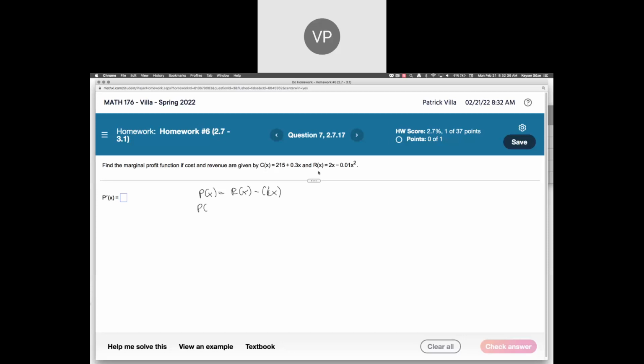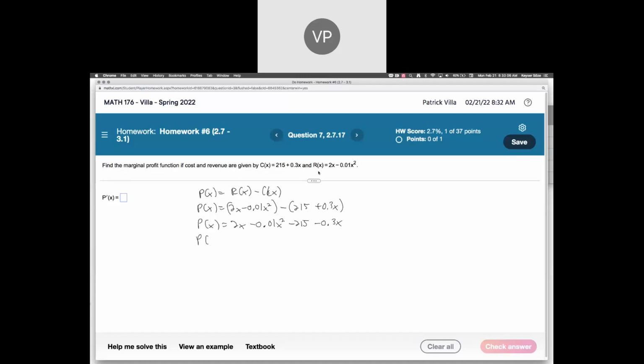Okay, so my profit function is going to be the revenue, which is 2x minus 0.01x squared. So that's revenue. Subtract the cost function, the 215 plus 0.3x. When I remove the parentheses and add things up, and again, you don't need to do this middle step, I'm just doing an extra step so that everyone understands how we're getting these values.